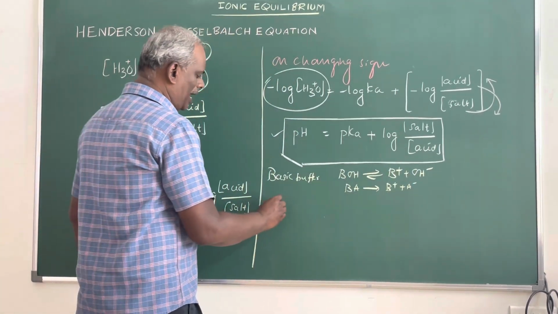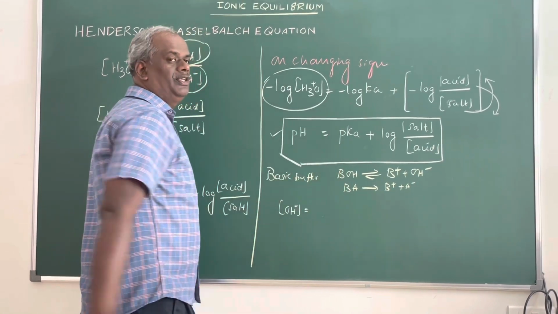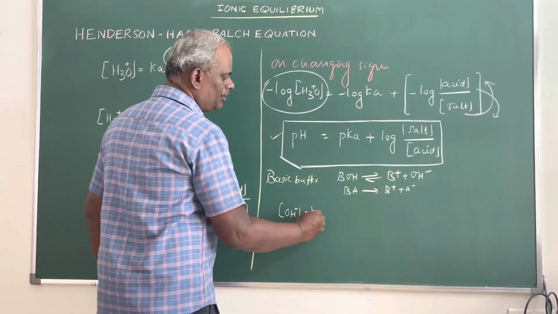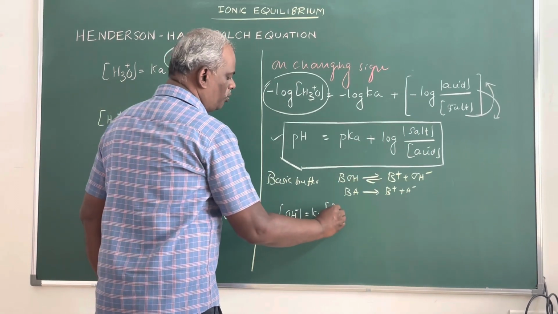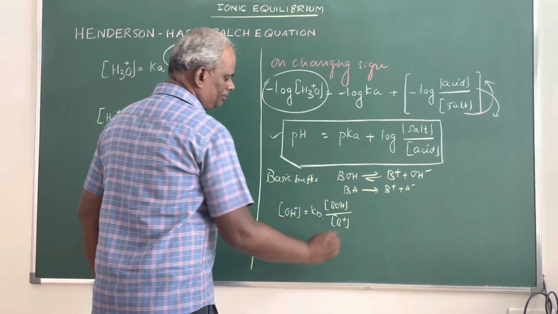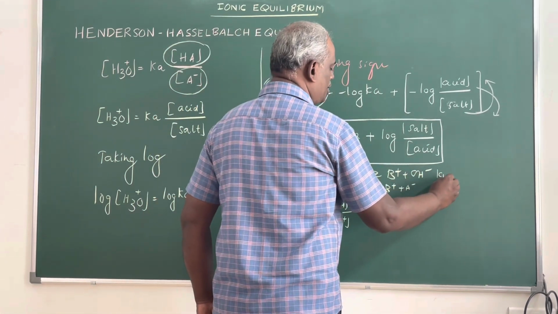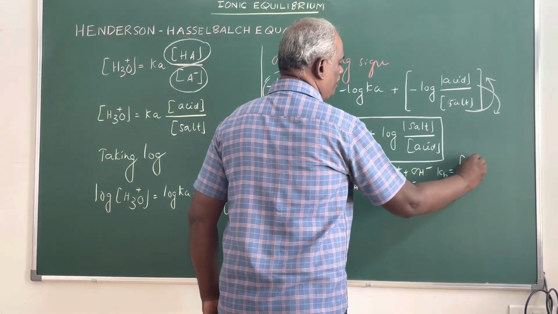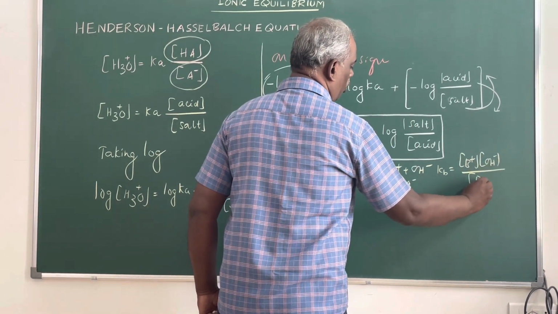And if you want to calculate the hydroxide ion concentration for this particular base, Kb into what will you do? BOH divided by B plus. Because Kb is equal to B plus into OH minus divided by BOH.